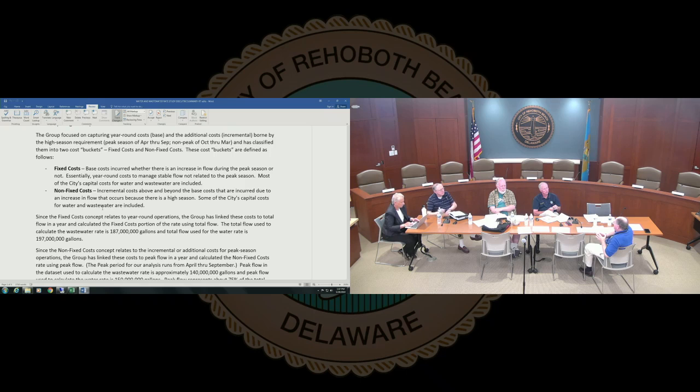And really our conclusion was those variable costs were not really as high as anticipated, and we didn't feel that really justified a peak rate, because the incremental costs that were being added by what some people call the tourists, part-time users, weren't really there. So we were kind of adding a charge to recover an additional cost, which really wasn't as much as the rate that was applied to it.